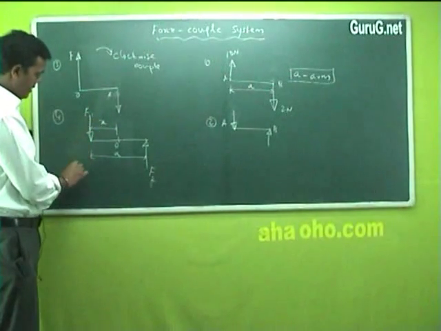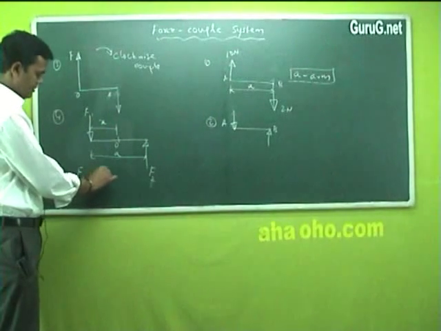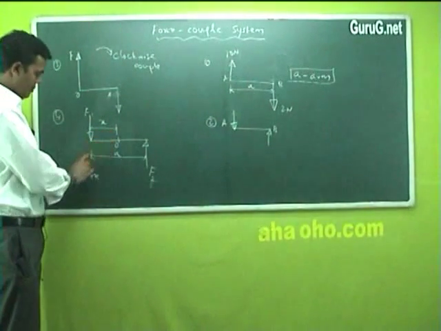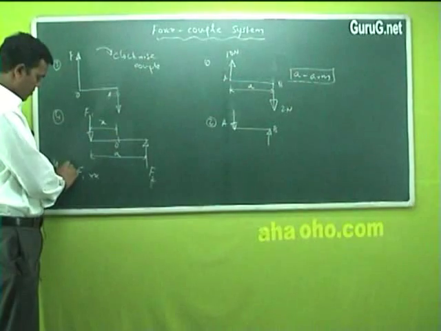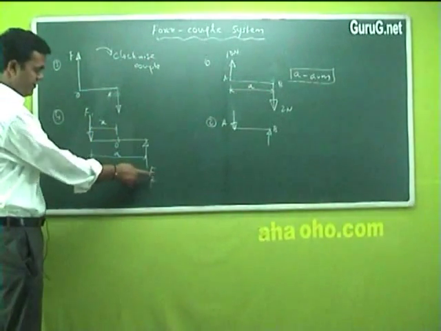Right, now I will write this force F1 into X. This is the moment about point O. I will write F1 into X, the perpendicular distance. What about this force?